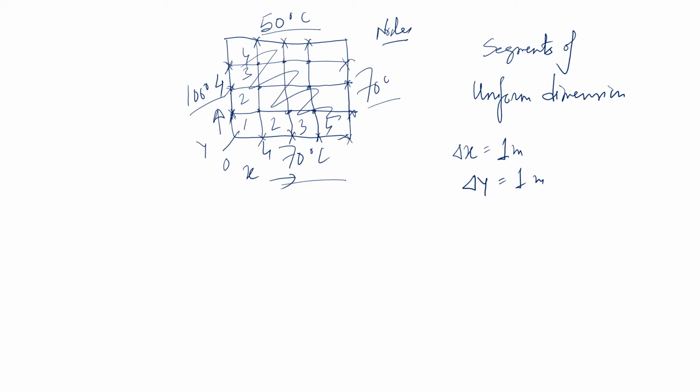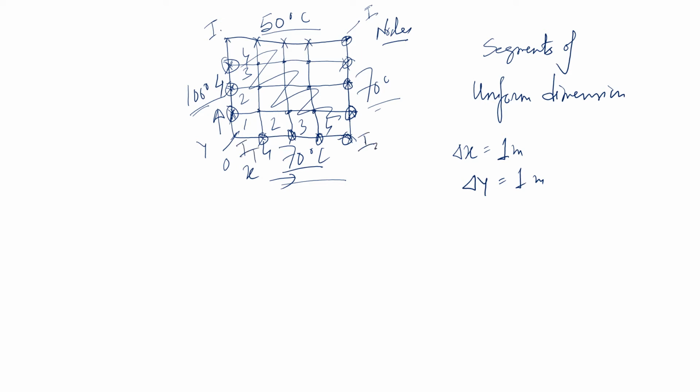That means all these points are at 70 degrees centigrade. This one, this one, this one is at 100 degrees centigrade. The points where two edges meet are undefined, since they are the resultant of the temperature of the two edges. So for now we will ignore these 4 points.